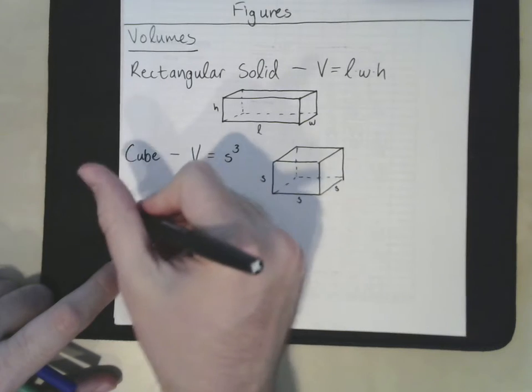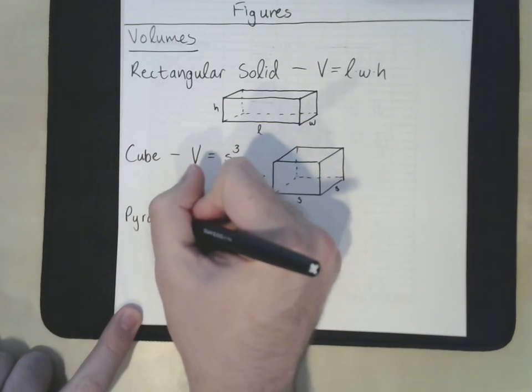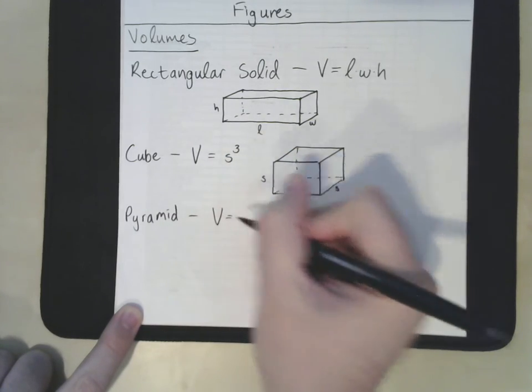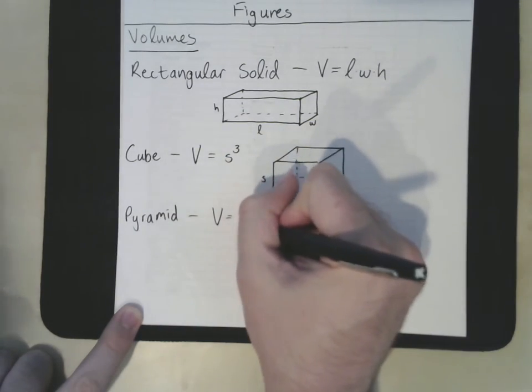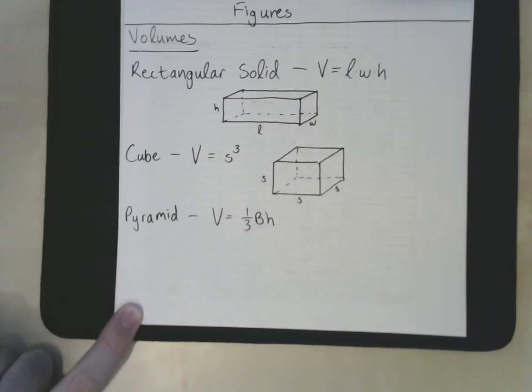The next one is a not so common one. It is the pyramid. So the pyramid's volume is equal to 1/3 capital B times H. So little b is usually the base.